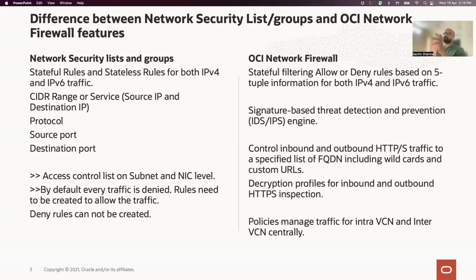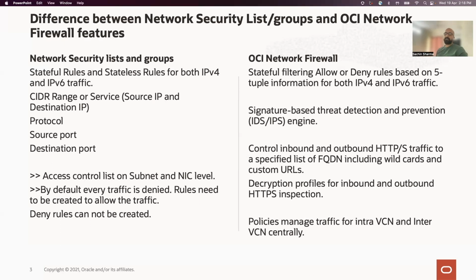When it comes to OCI Network Firewall, it has this feature, and yes, you can deny the traffic also. You can create deny rules for your traffic. Apart from what we have already discussed in our last session, it has an IDS and IPS engine powered by Palo Alto, and it can control the inbound and outbound HTTPS or HTTP traffic by using URL and FQDN filtering.